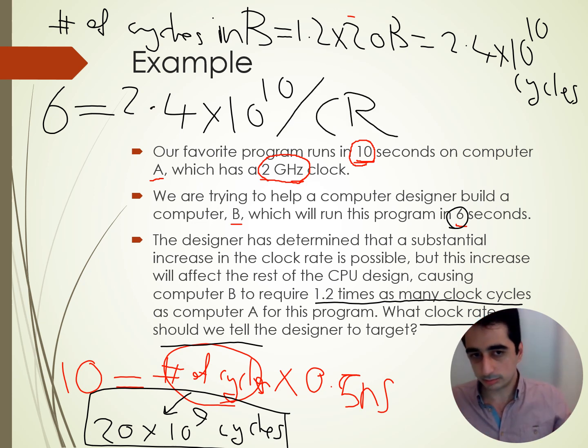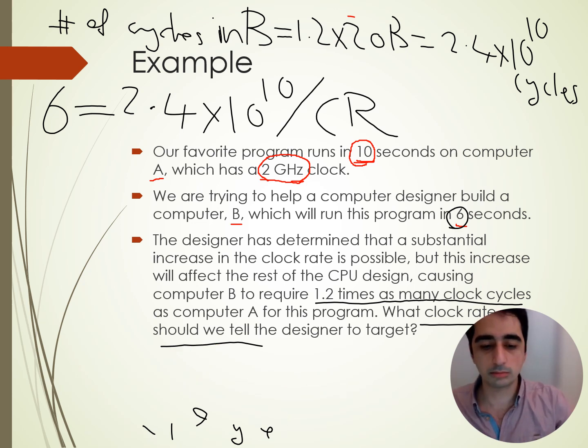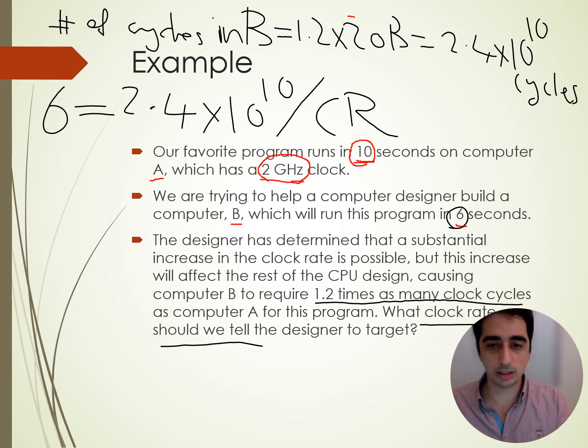If you remember, number of cycles over clock rate is going to be equal to the execution time or CPU time. So if you want to find out what the clock rate for processor B is, all you need to do is to solve this equation.